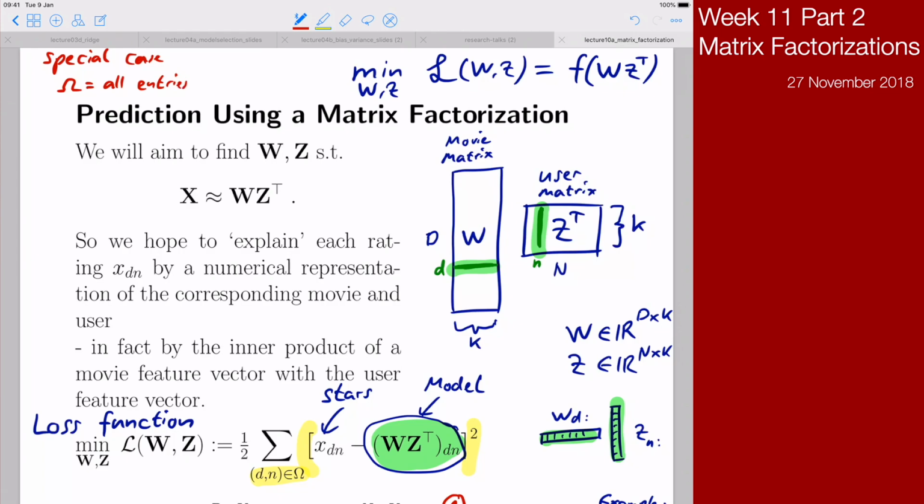If omega is all entries, that's an interesting case, and of course also an important case. And then what you get is something you have seen already. Namely, you will just sum up all the squared entries of the difference of x and the product.